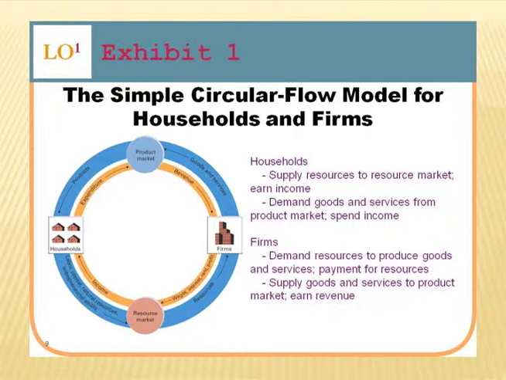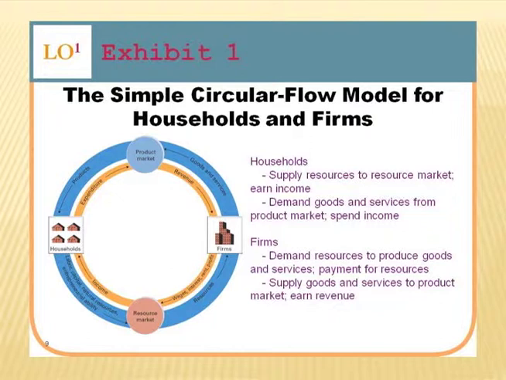So on the outside we actually have goods and services, which are the things that we're interested in, or resources, which are the things that we're interested in. On the inside is the way that we settle the accounts on those, so to speak. Now an important thing for us to see from this model is that both households and firms are simultaneously consumers and producers.